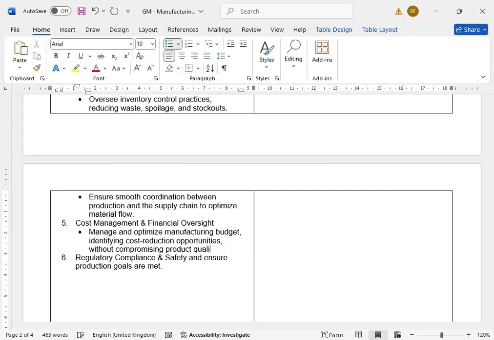Even the raw materials should be of good quality. If you are going to have poor quality materials, then the finished product will also be of poor quality.